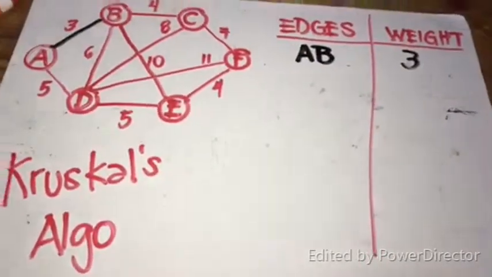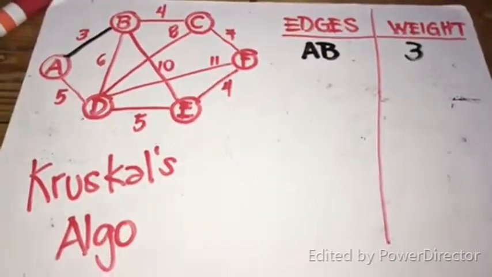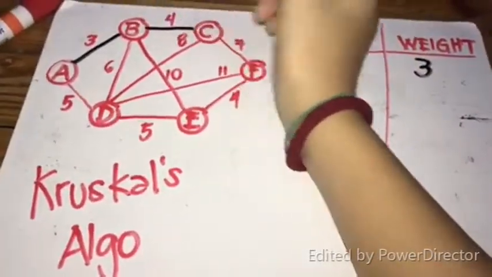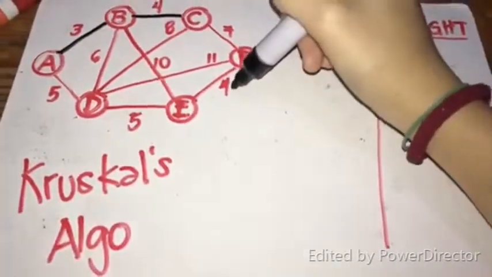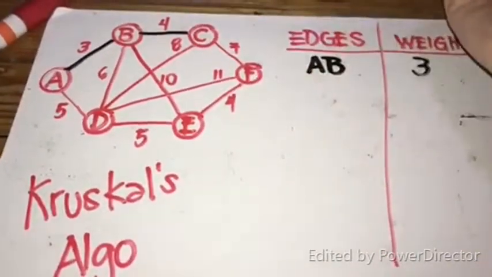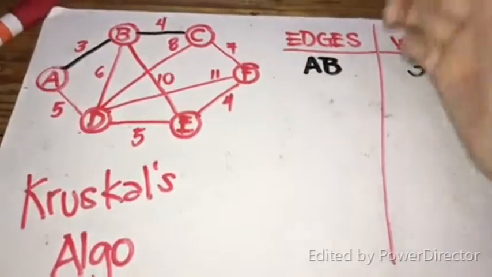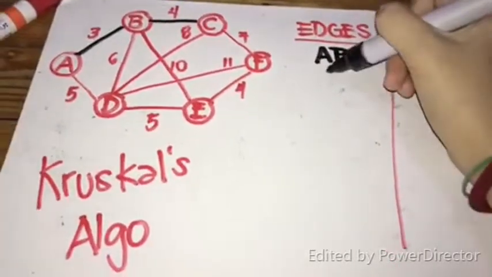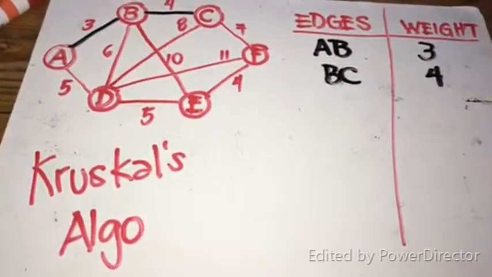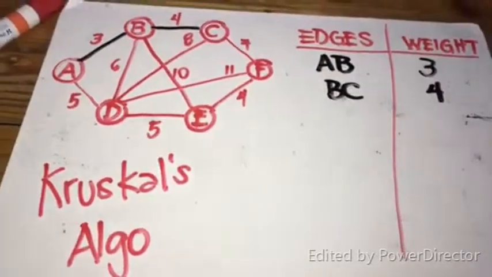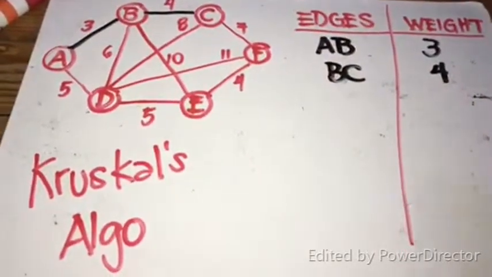The next smallest edge would be from B to C, which is a 4, and we can see that there is also another value of 4 from E to F. So we can, it doesn't matter. So from B to C we have 4, and then again we have the next smallest, which is 4.